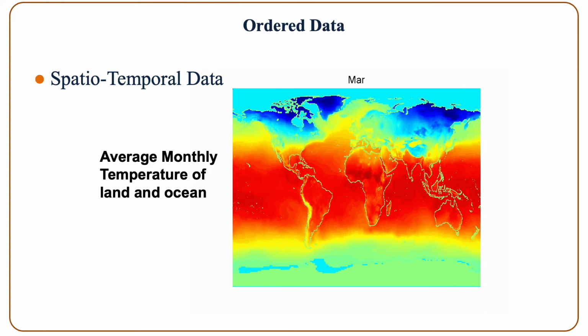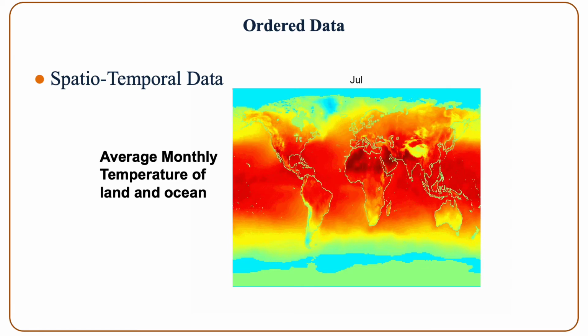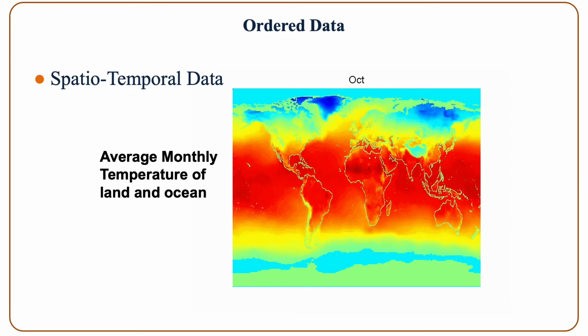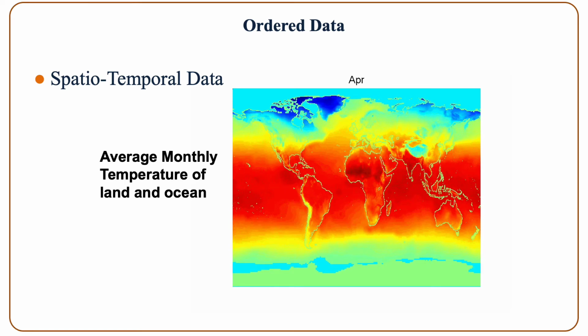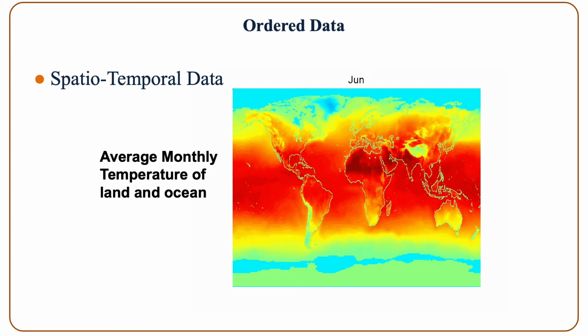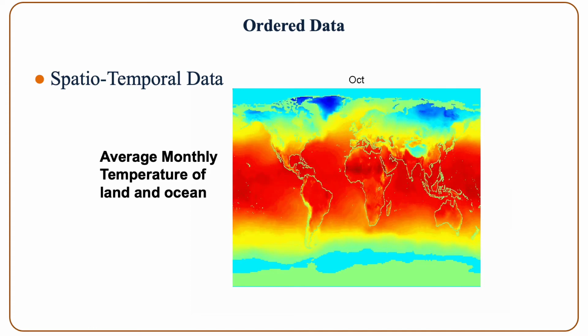Time series data. An example is the stock price over different times. Also, spatio-temporal data. As an example, we have average monthly temperatures of land and ocean.